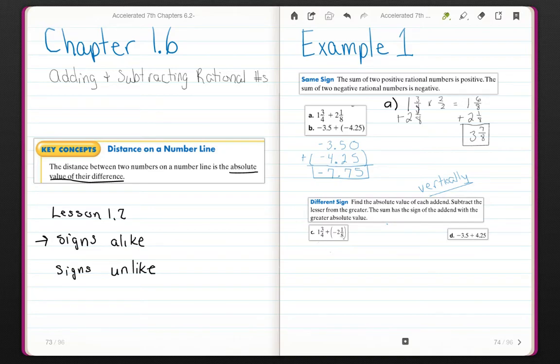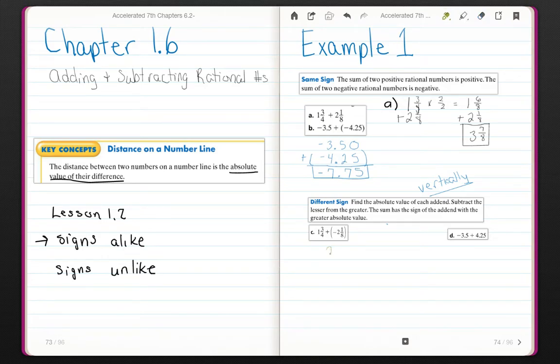So my signs are unlike, so I'm actually going to subtract and keep the sign with the number of the greater absolute value, which in this case is negative. Let me start that again.